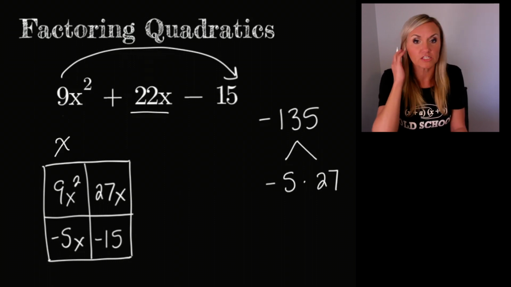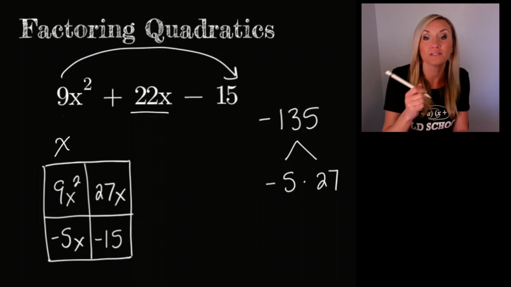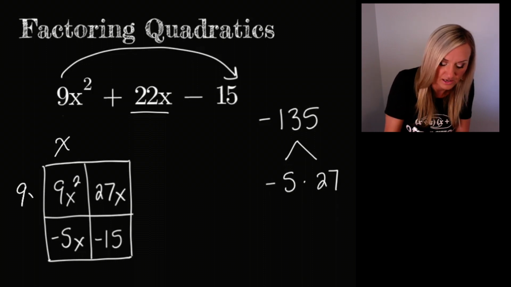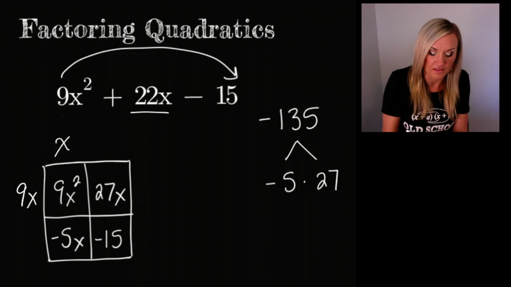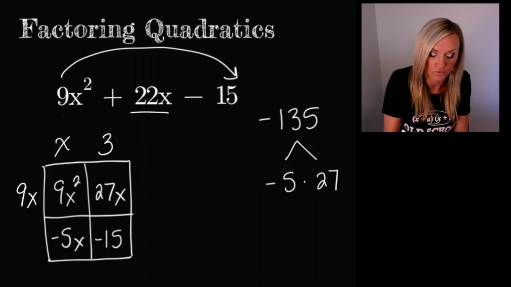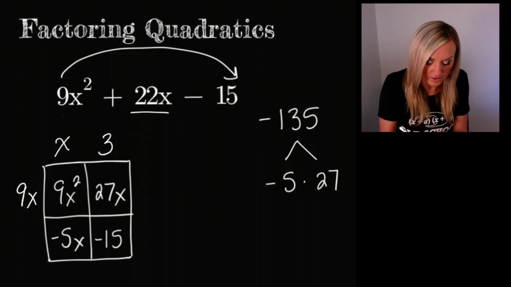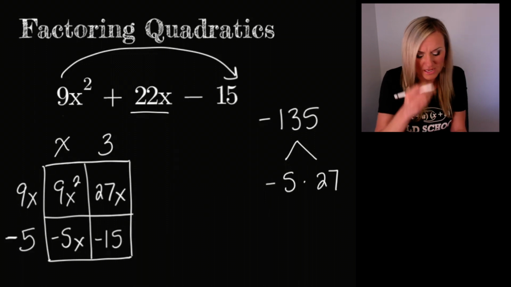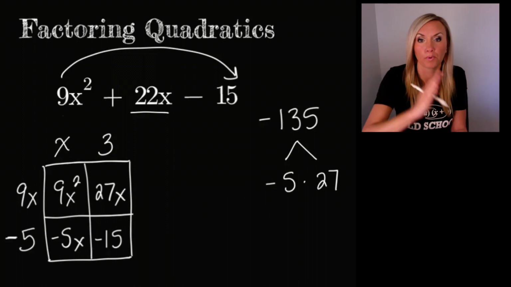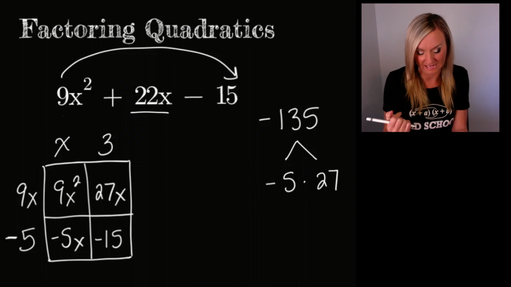So I'm going to place just an x, and once I do that, I know I need to have a 9x on the outside of this box here. And then 9 times something is 27, right? And that is 3. And then now I go down, well, 5 and 15, I know I can divide them by 5, and it must be a negative 5 since both of those terms are negative.